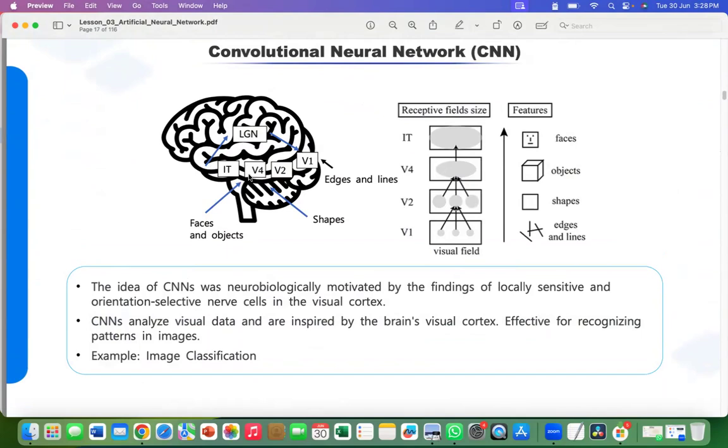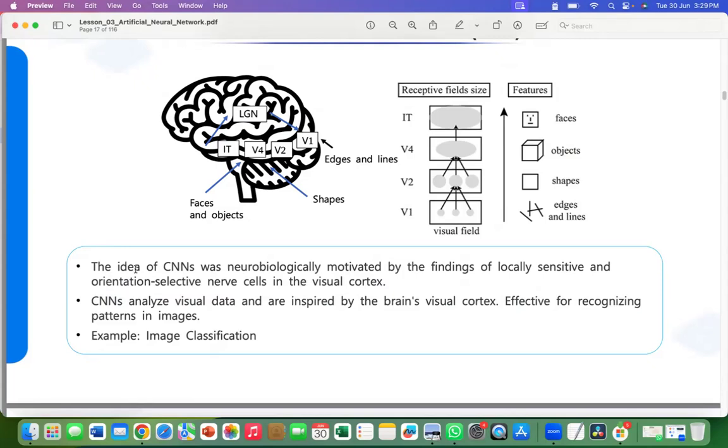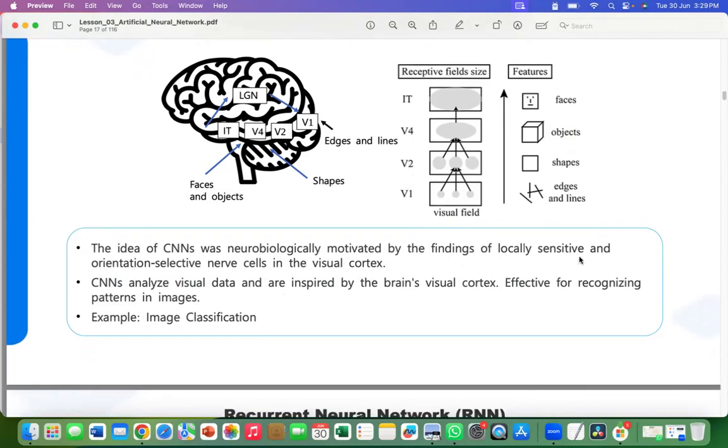Then convolutional neural network, right. Look at this diagram: LGN, IT, V4, V2, V1, faces and objects, edges and lines, shapes, receptive field size. V1 visual field, V2, then V4, then IT, then these are the features: faces, objects, shapes, edge lines. So the idea of CNNs was neurobiologically motivated by the findings of locally sensitive and orientation selective nerve cells in the visual cortex.